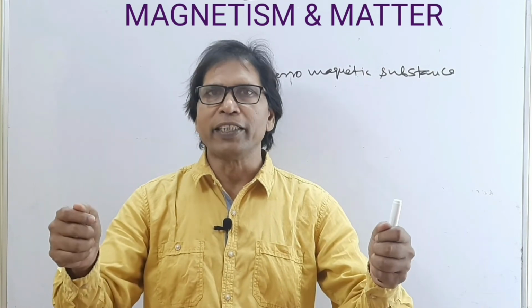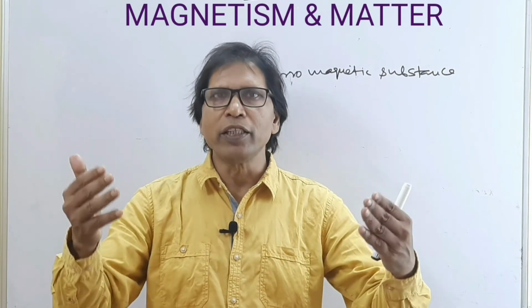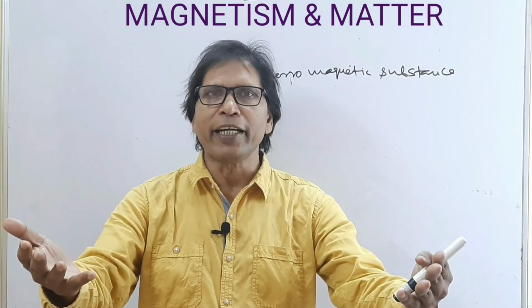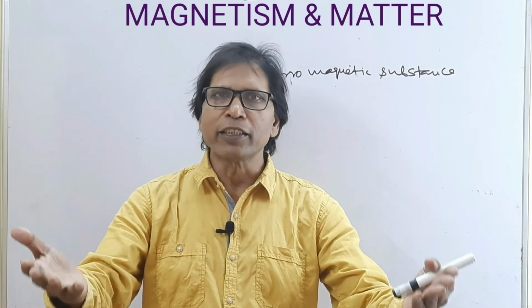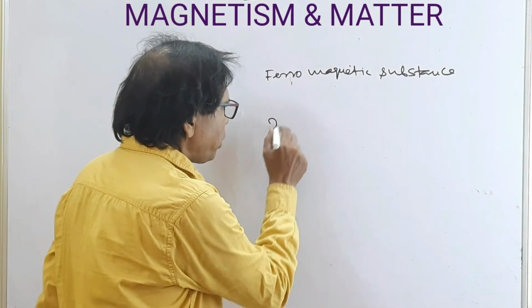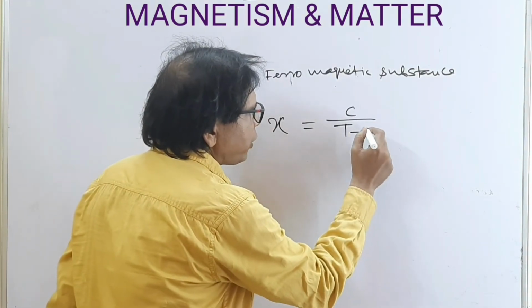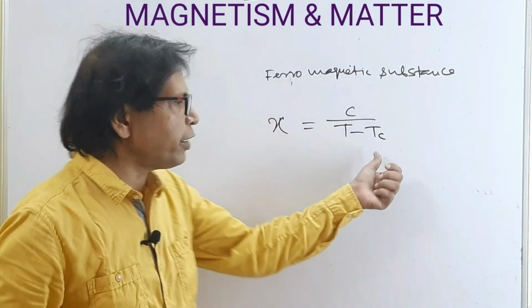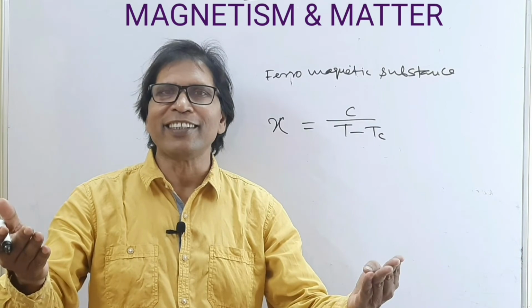Now Curie temperature. The temperature at which a ferromagnetic material is converted into a paramagnetic material is called the Curie temperature. The susceptibility of a ferromagnetic substance is χ equal to C by (T minus Tc), where Tc is the Curie temperature and T is greater than Tc.